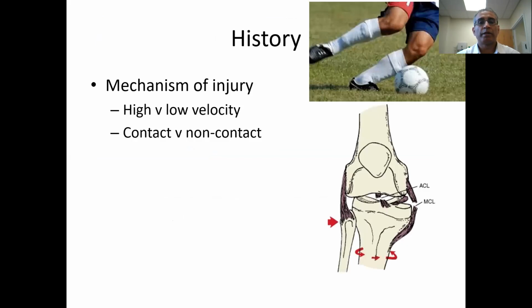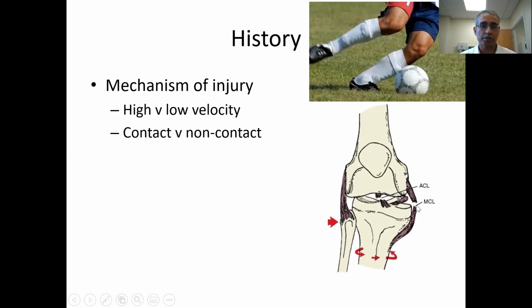Like anything in medicine, we start from the history. The velocity of injury is really important, and a high velocity injury will obviously cause more damage compared to a low velocity one. So if this footballer starts twisting his knee, and you see the image below there, if the forces stop, he may just end up having an injury to his medial collateral.